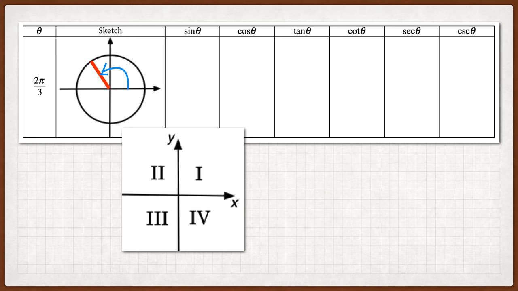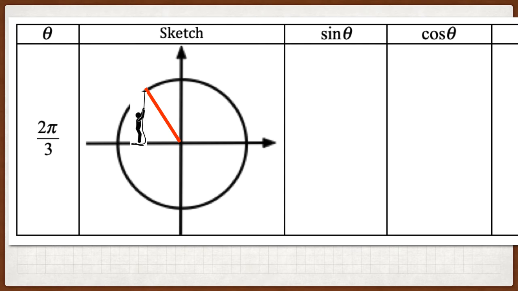Step 2. Make a triangle. Imagine lowering a rope from the end of the rotated rod straight down to the x-axis. We have a right triangle. 180 minus 120 makes 60 degrees, and the upper angle must be 30.